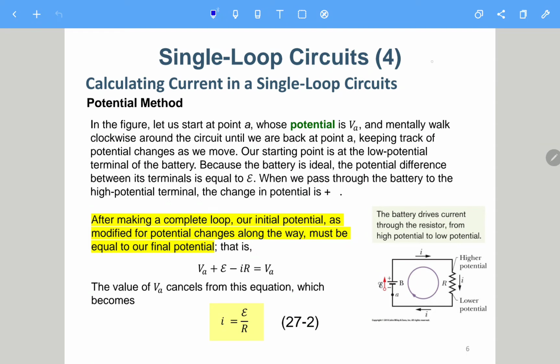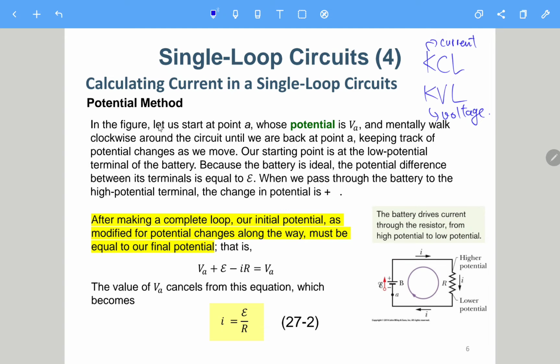Sometimes we'll use the KCL, and sometimes we'll use the KVL. The KCL stands for Kirchhoff current law, and the KVL stands for Kirchhoff voltage law. The KCL is about the current. Actually, I think I have mentioned it in chapter 26, and this one is about the voltage.